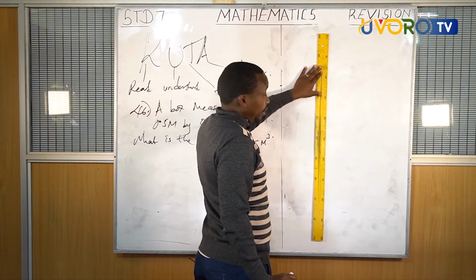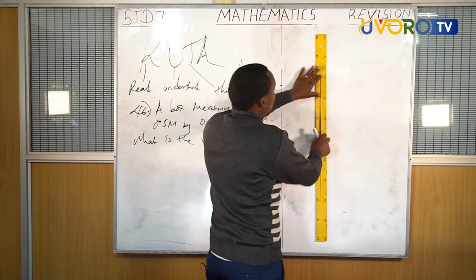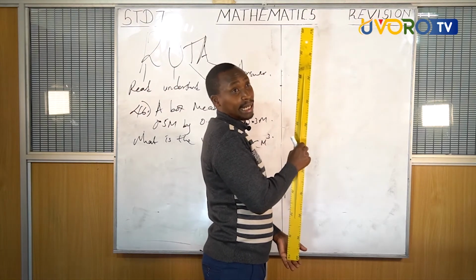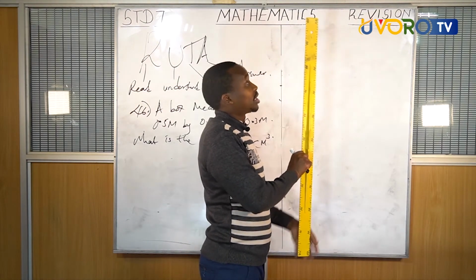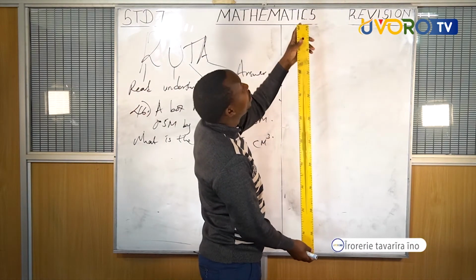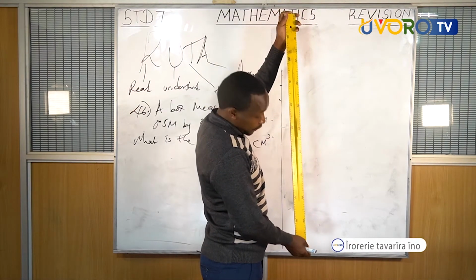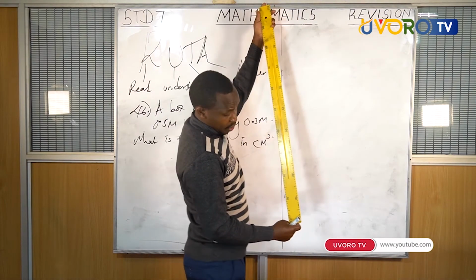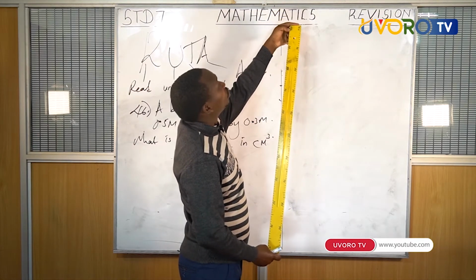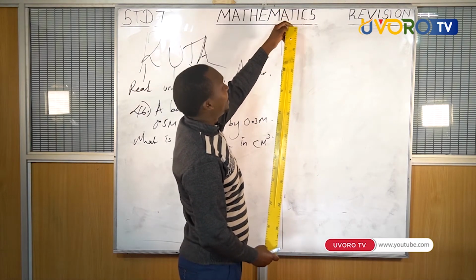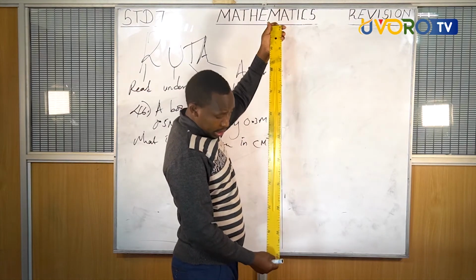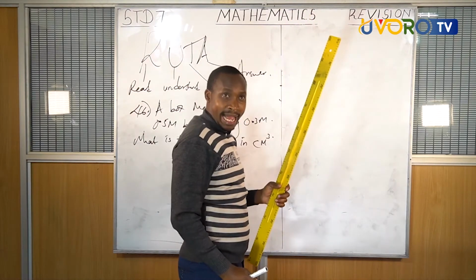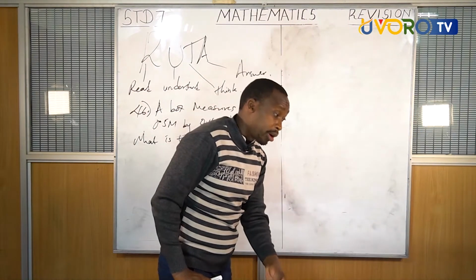This qualifies to be 1 meter. The ruler is 1 what? Meter. From here to here, it is 1 meter. If you see the calibration on the side of centimeters, you have 0 to other digits listed there. On the other side, it measures 100. Let's see if it is correct.